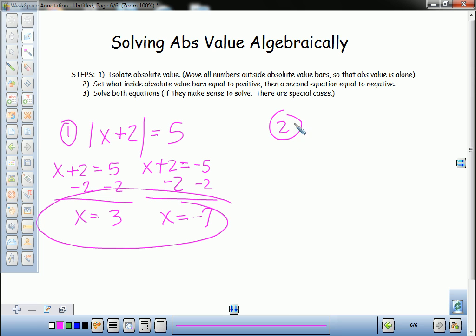Okay, let's try this one. 3 times the absolute value of x plus 1 minus 6 equals 3. All right, so this one we do have to isolate the absolute value. So we're going to move that 6 to the other side.